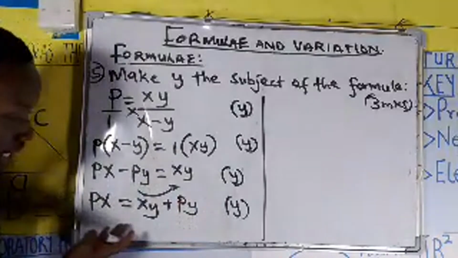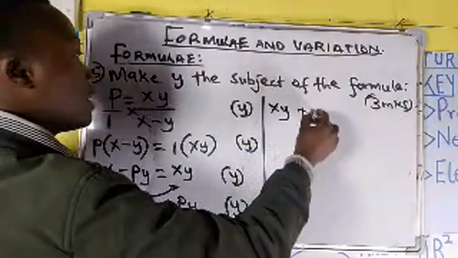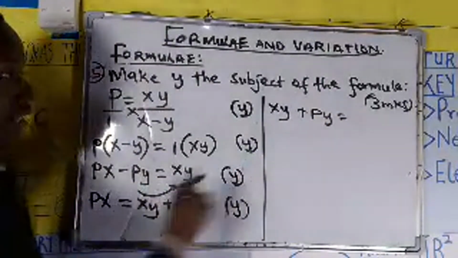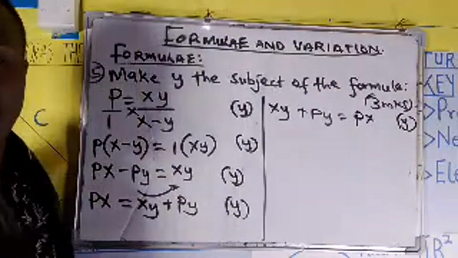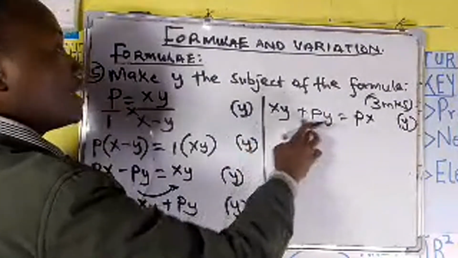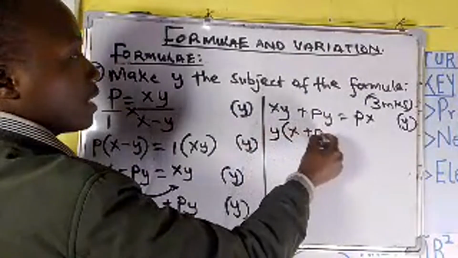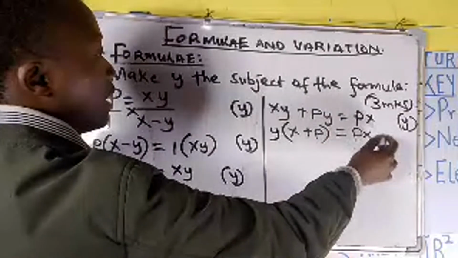So we can now even rewrite this one as xy plus py is equal to px, and we want to make y the subject of our formula. So what we are going to do, we are going to factorize y, tutoe y nje, ndani tubaki na x plus p is equal to, the other side we have px.